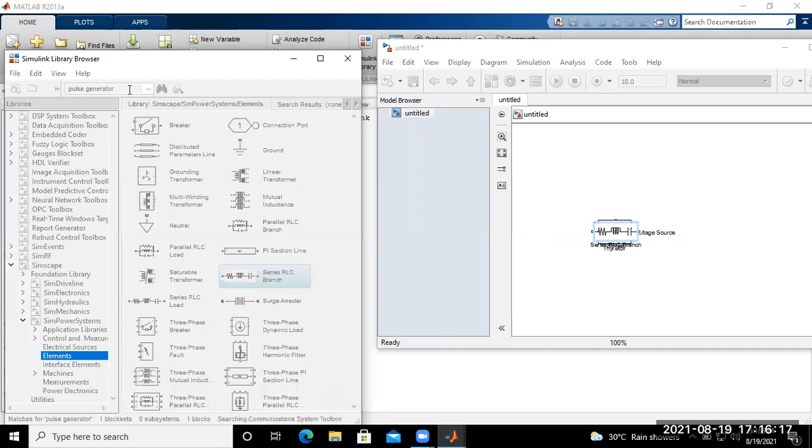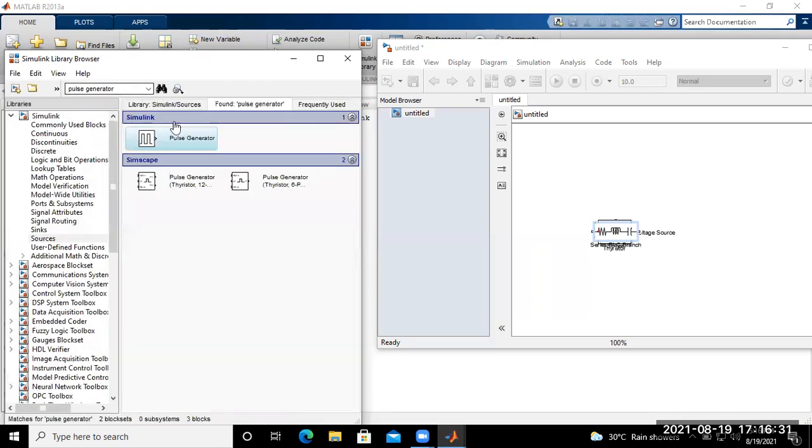Two more blocks, just drag onto the workspace. Next is your power gui.